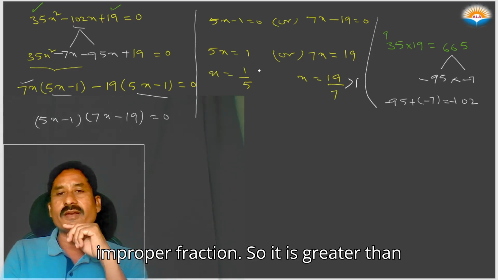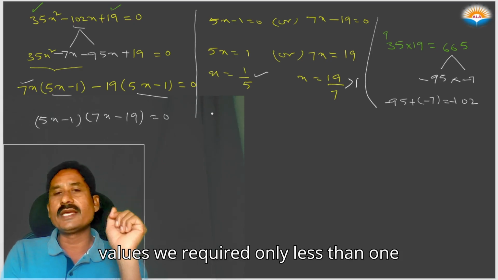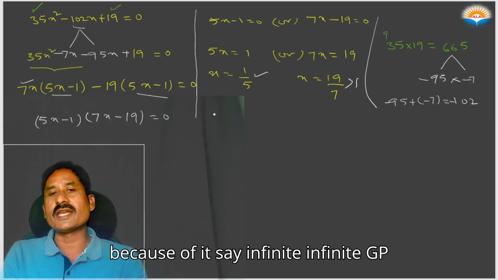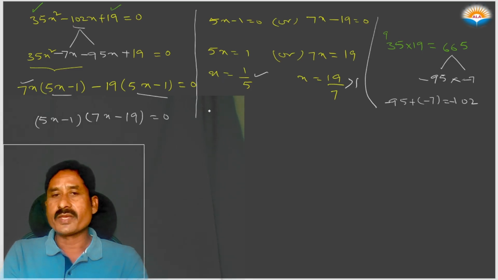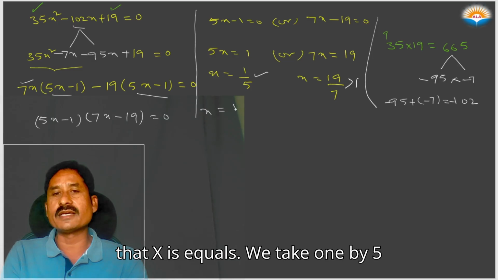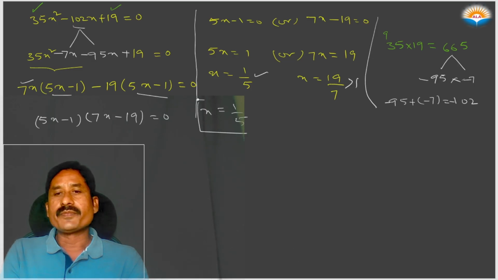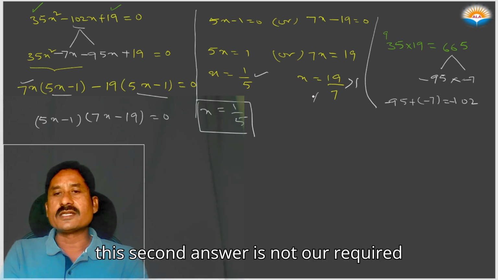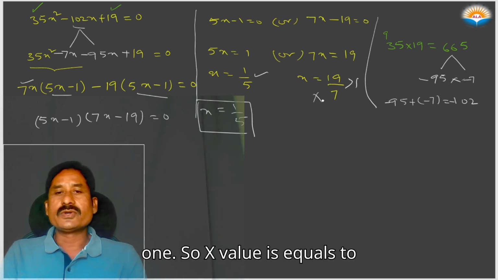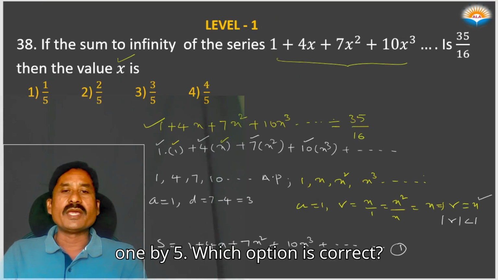Here one is less than 1. The x value we require is only less than 1 because it's an infinite GP. The r value is less than 1, because of that we take x equal to 1 by 5 only, the right answer. And this second answer is not our required one. So the x value is equal to 1 by 5.